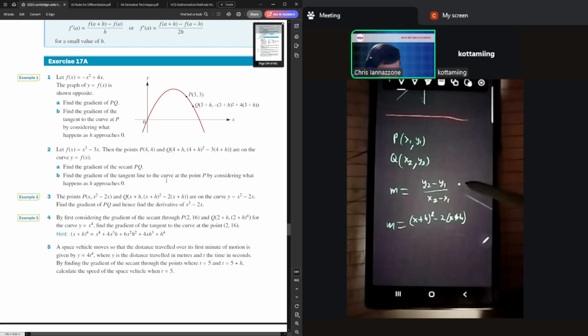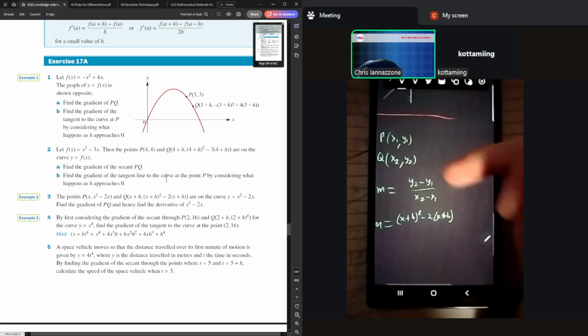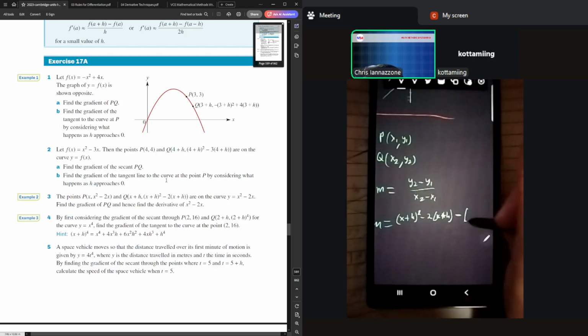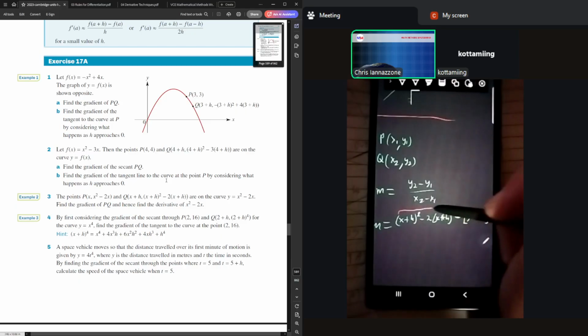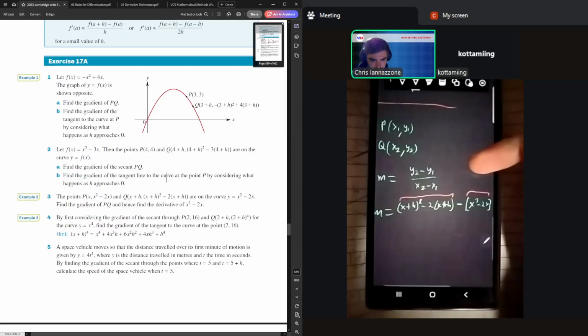That's the whole y2 that we see in Q. And then y1 is x squared minus 2x. So minus (x squared minus 2x). So this one here is y2. This one here is y1. Good so far?